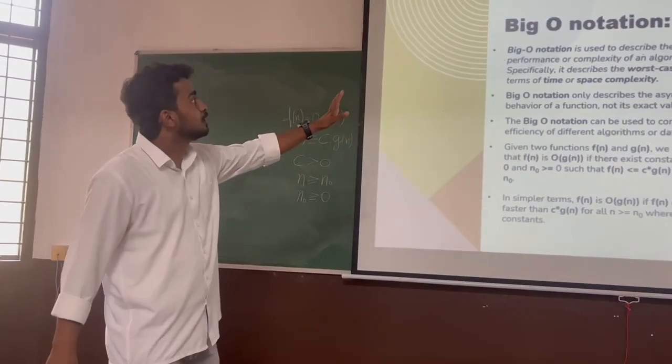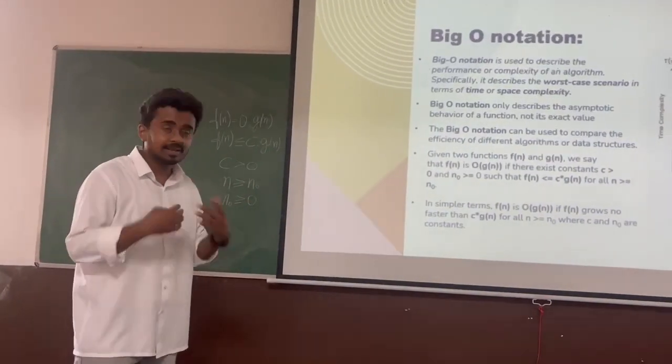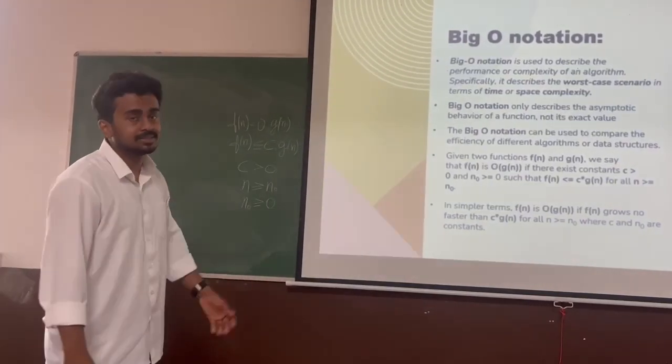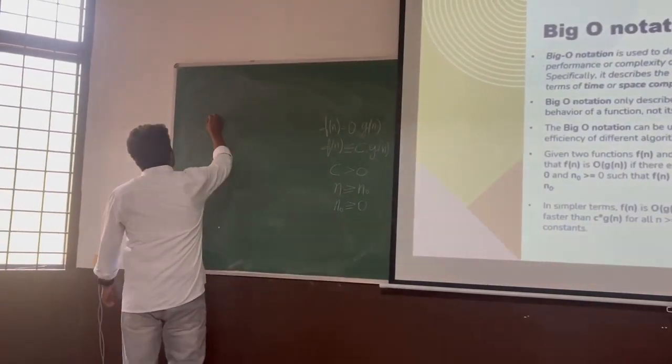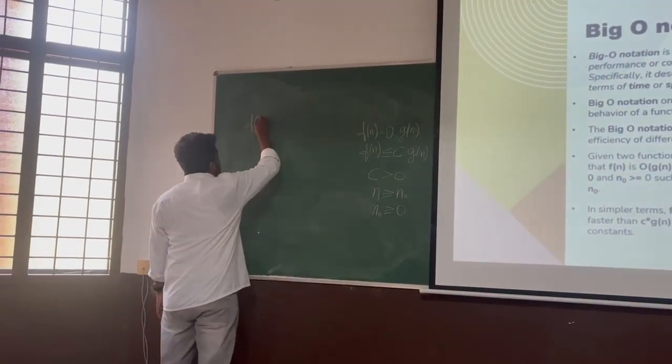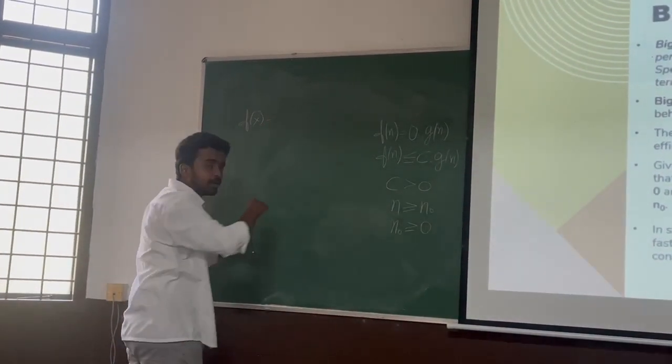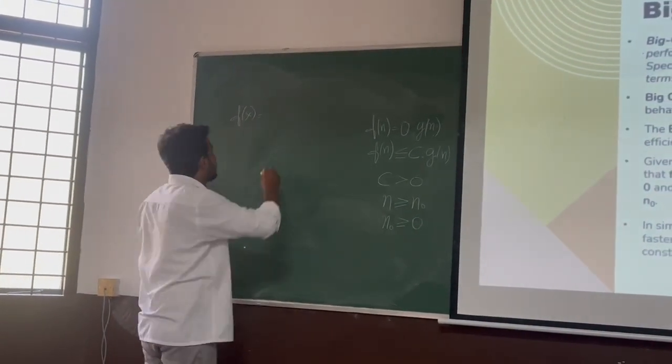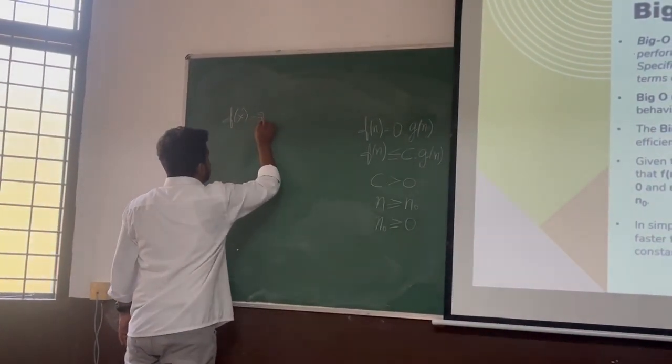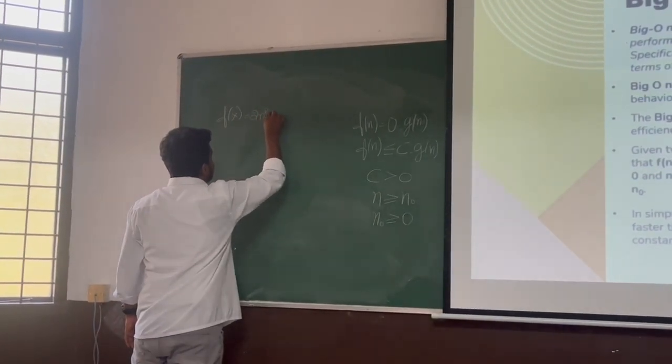To understand big O notation easily, let me give you an example. Let f of n, the time complexity of an algorithm, be the equation 2n square plus n.